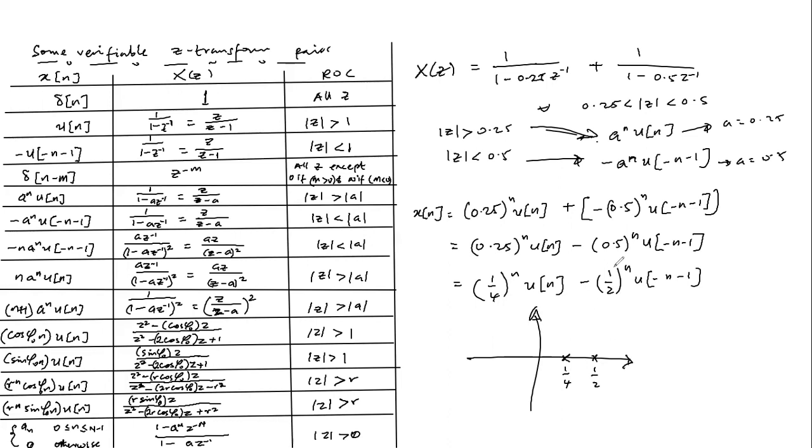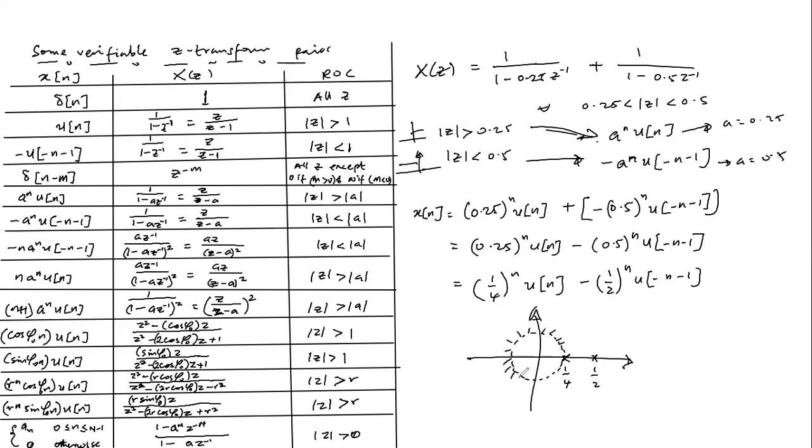And since this is a right-sided signal, and this is a left-sided signal. So for a right-sided signal, the region of convergence goes out, right?